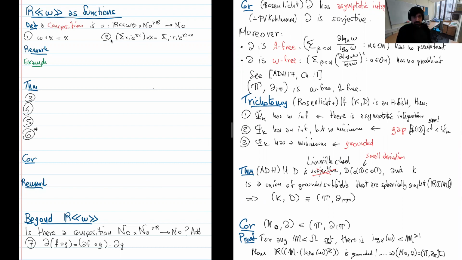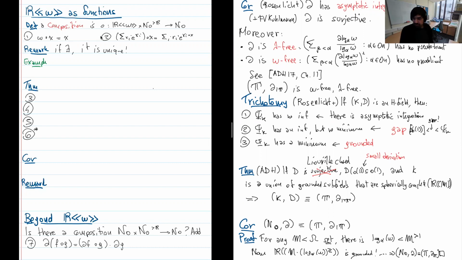First observation: if I just ask for these two things, clearly such a function is uniquely determined on this R omega, because this is generated by omega using log, exp, and infinite sums. So with these two rules, this determines what it does. So if it exists, it is unique.